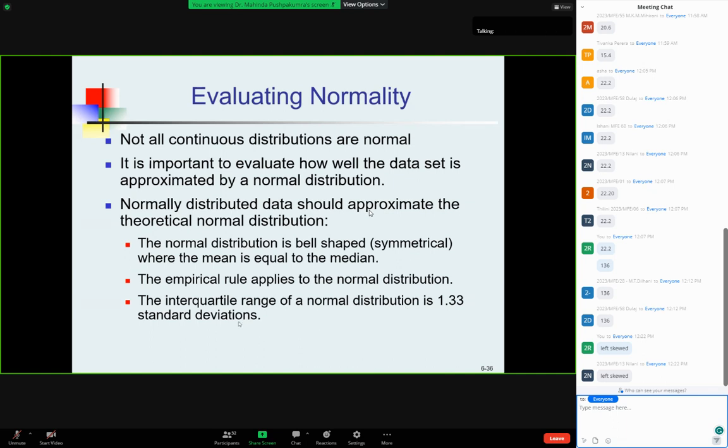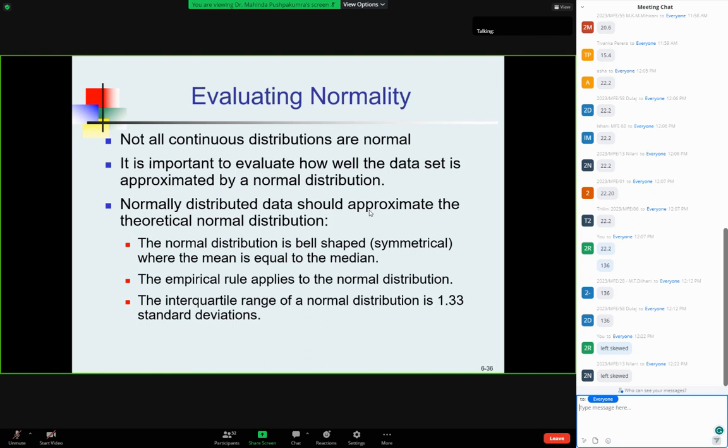And also the interquartile range should be within 1.33 standard deviation. Then let's say mean and median are equal, but the empirical rule is not applicable. Then it is not normal. And if the interquartile range is also not applicable, then it is not normal.